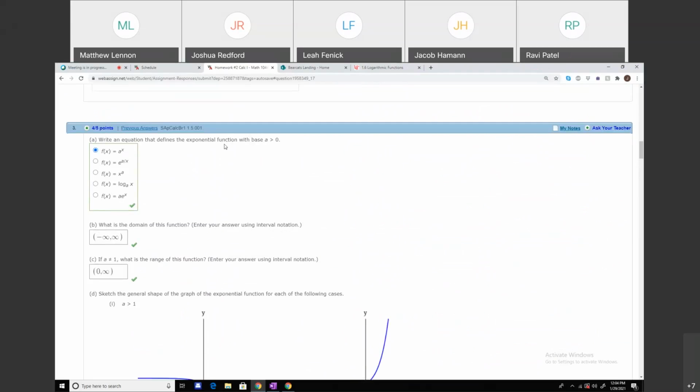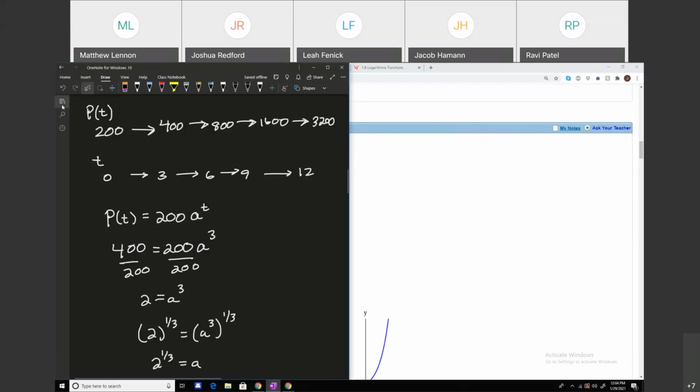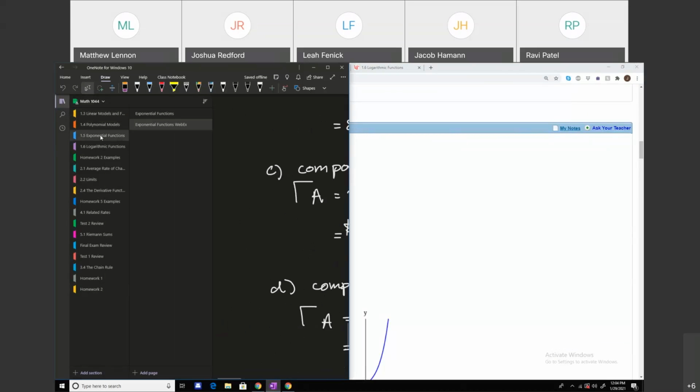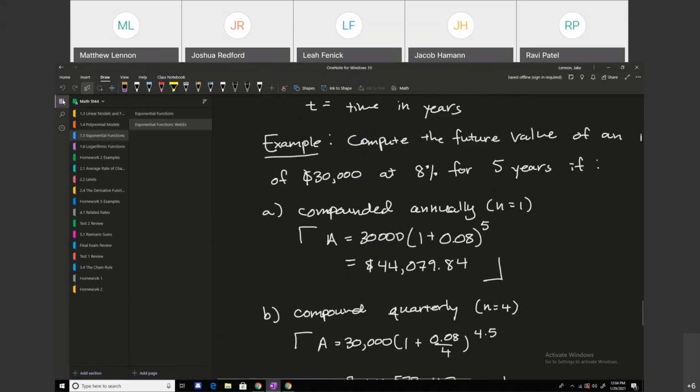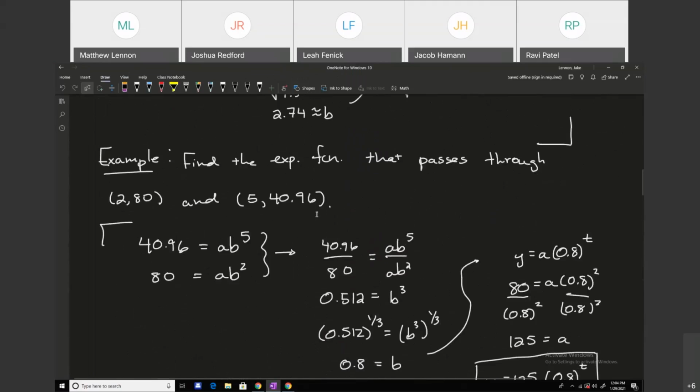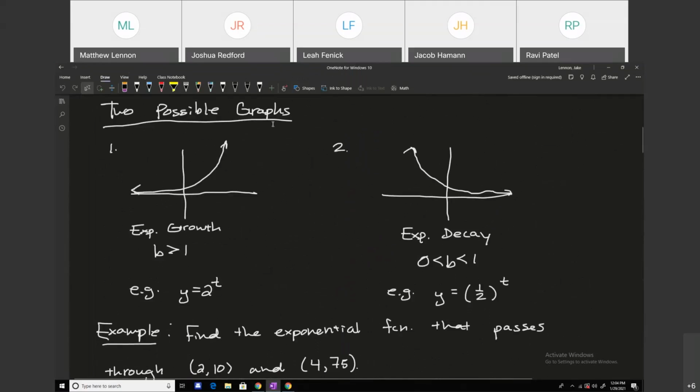So remember, if you look at our notes from the exponential day, we did the 2 possible graphs. So if the base is bigger than 1, it looks like this. If the base is between 0 and 1, it looks like this. So that's all you need to know essentially.